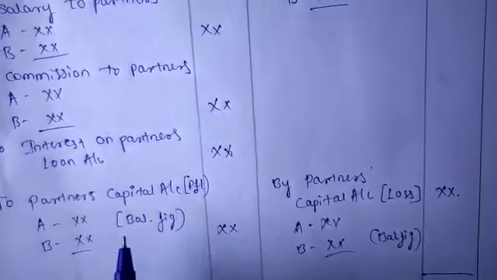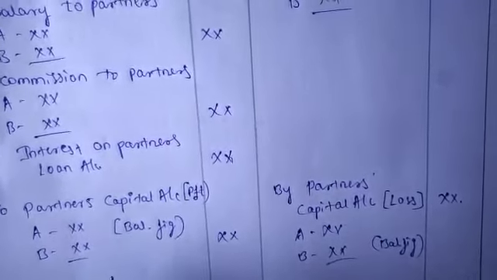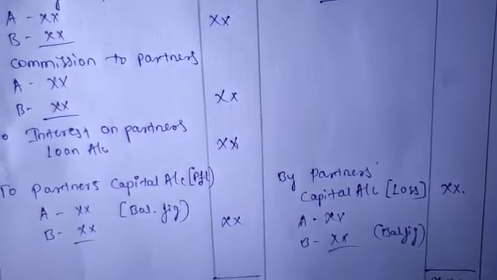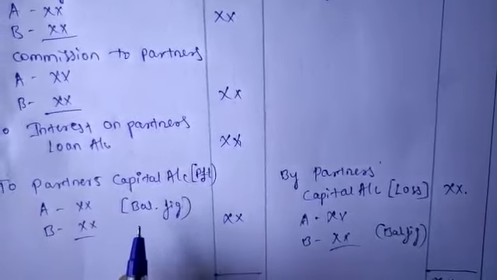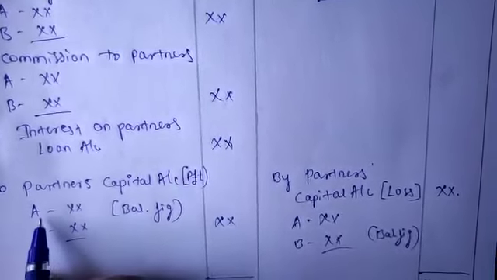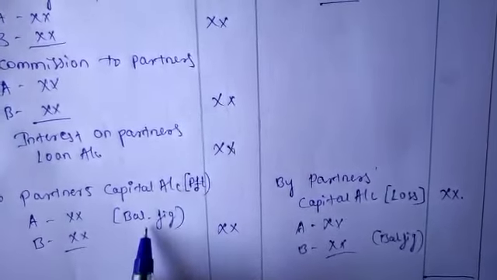That should be shared between the partners. In which ratio? That ratio is given in the problem. So in that ratio you have to distribute the profit among the partners. Here, for example, A's and B's share of profit is a balancing figure.